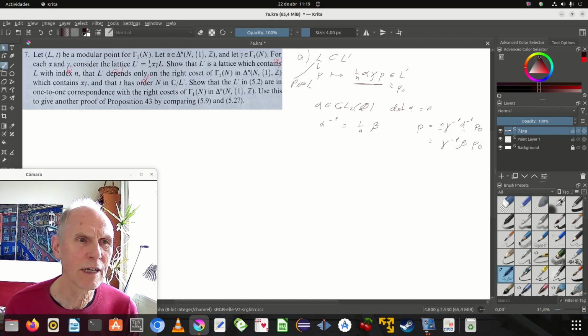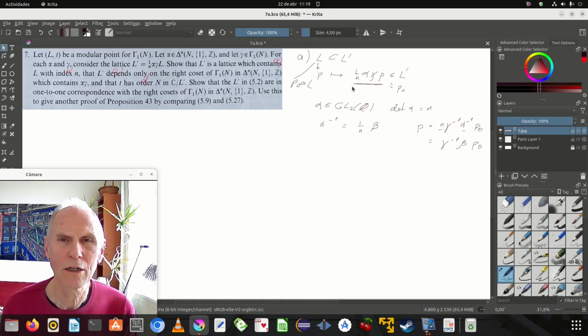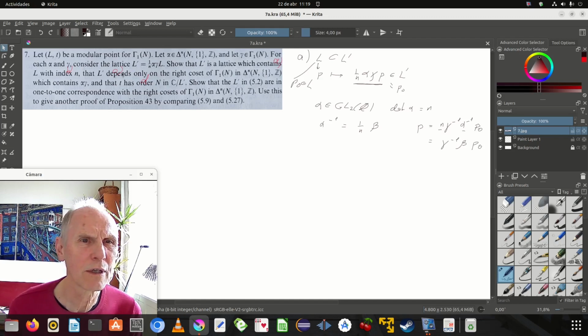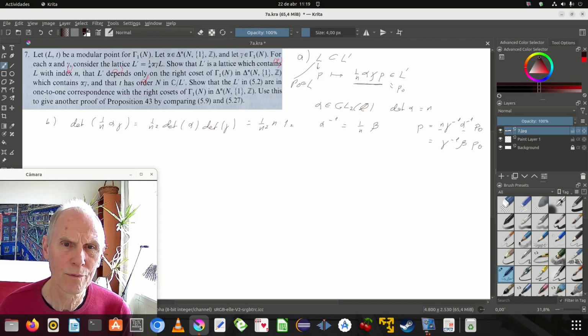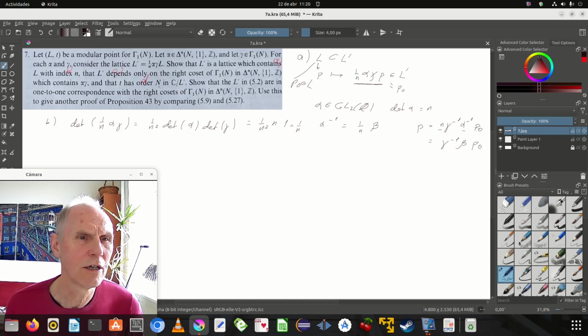B, it has index n. That's pretty obvious, I think, because the determinant equals 1 divided by n, so it has index n.